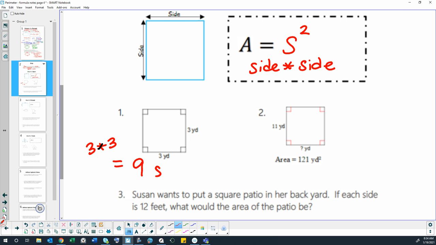You could actually write out the word square, or if you want to do less writing, I'm going to show you the less writing way to do it: just write 9 yards with a little square. Write that whole thing a little bit so that it doesn't get mixed in with the other stuff.